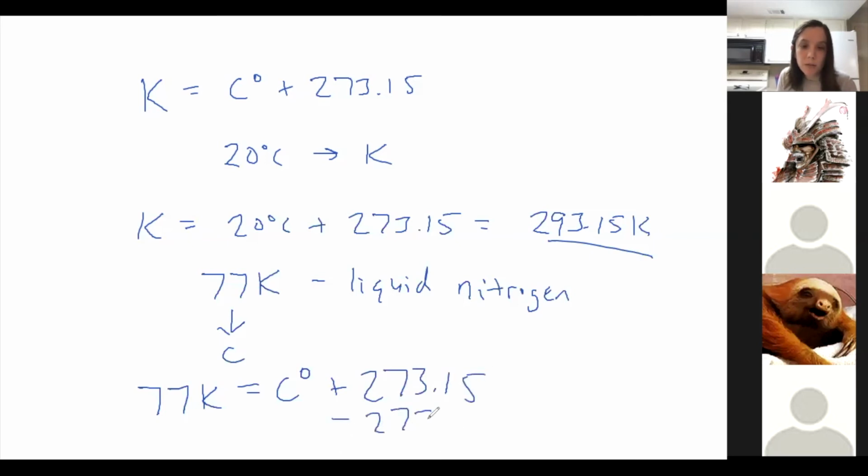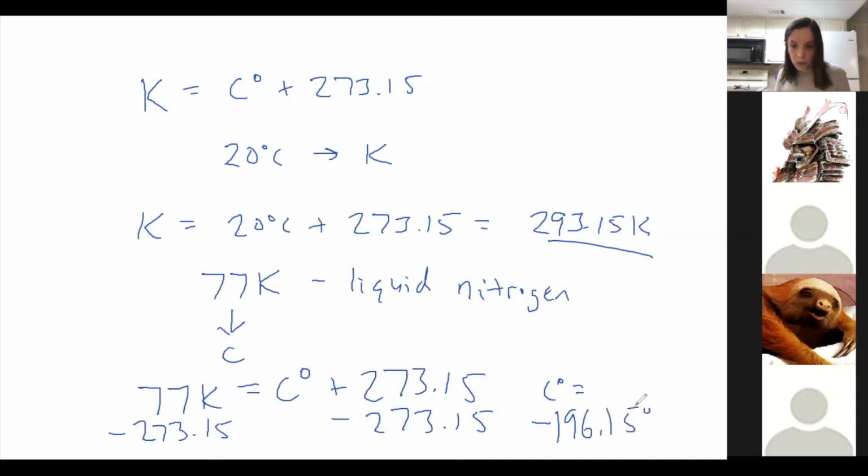Subtract it, and that'll give you your answer in Celsius. So that would equal, let me see really fast, 77 minus 273.15. And that gives you negative 196.15 degrees Celsius.